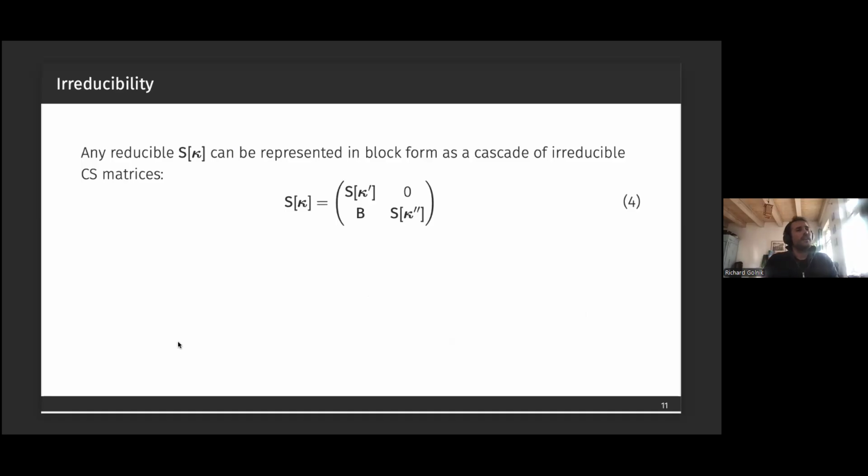And then I said that we're going to look for matrices with irreducible Metzler part. The question is, why irreducible matrices in general? When we have a reducible child selection matrix, we can represent this matrix in a block form that originates from a cascade of irreducible child selection matrices.